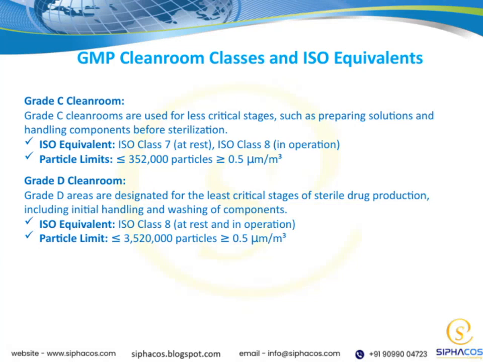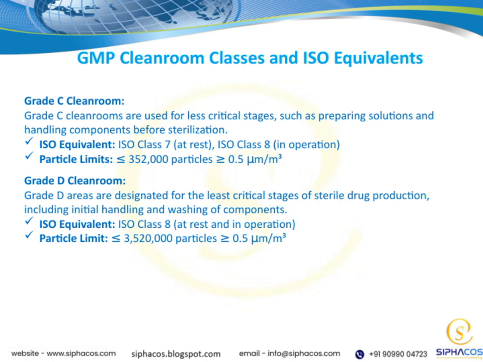Let's take a closer look at Grade C and Grade D cleanrooms, which are essential parts of our sterile manufacturing process. Grade C cleanrooms are used for less critical tasks, such as preparing solutions and handling components before sterilization. They have specific standards for particle counts, with a limit of no more than 352,000 particles that are 0.5 micrometers or larger per cubic meter of air.